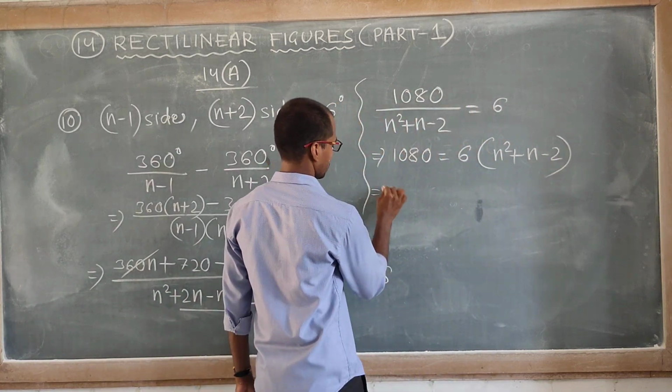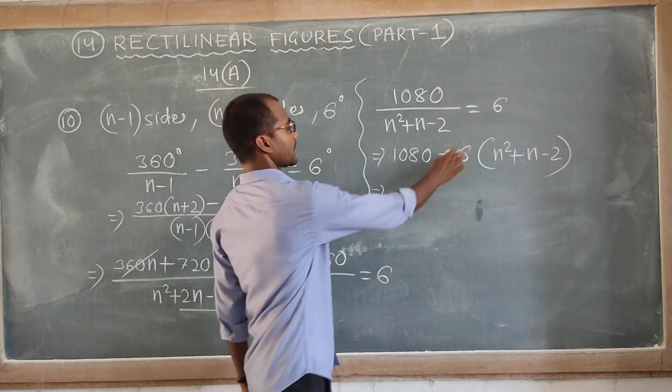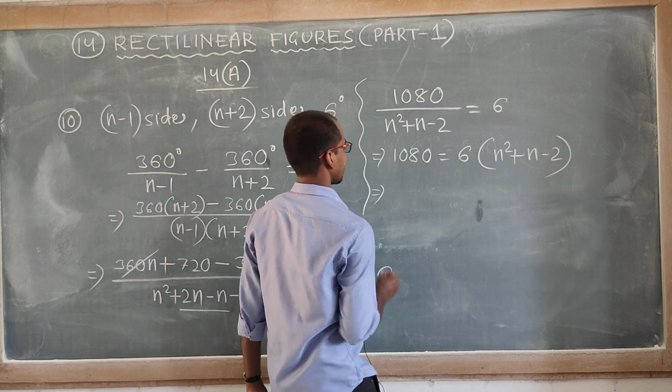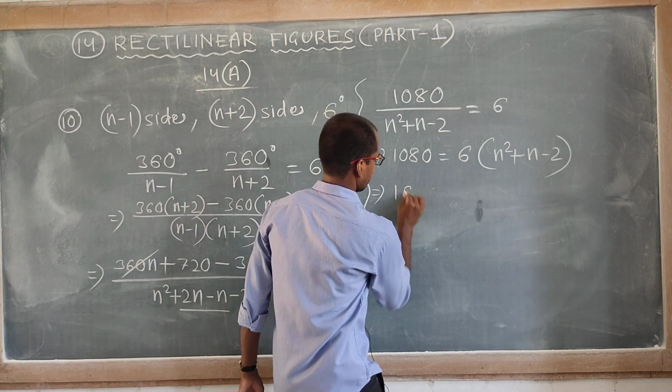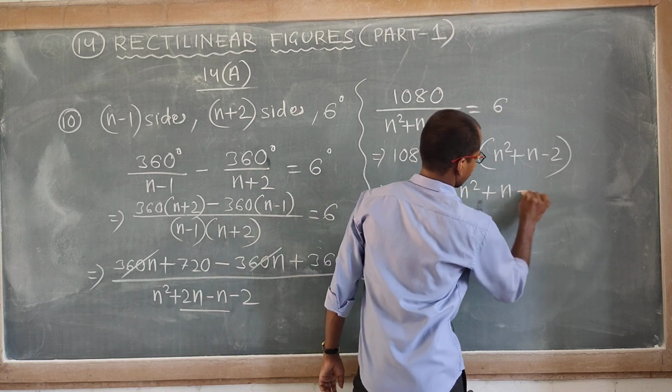Let us divide both sides by 6. So dividing by 6, we get 180 is equal to n squared plus n minus 2.